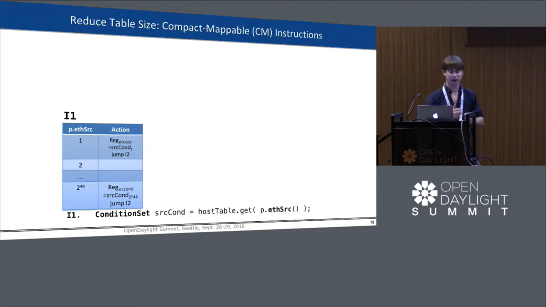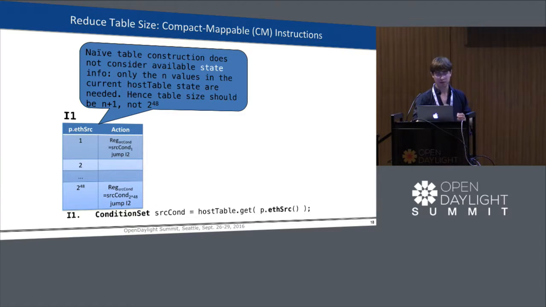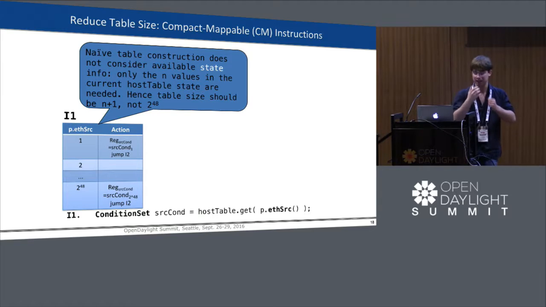Given that we may have a very small number of source conditions relative to 2 to the 48, one approach to solving the problem is only considering the n values in the host table that are actually necessary, not all 2 to the 48 potential packet source input values. The table size here trivially can be simplified to n plus 1, the n host table values, plus a default value that drops programs, not 2 to the 48.